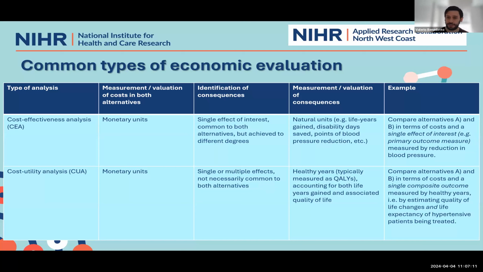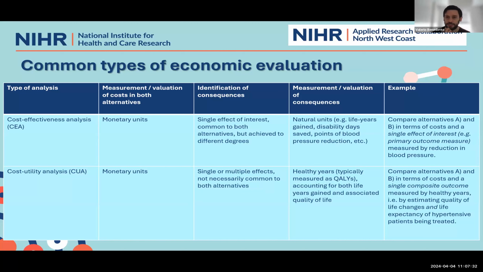But let's have a look at the example again. So again, two alternatives, A and B, which we compare in terms of cost, and a single composite outcome. Composite because it's healthy years, okay, quality and quantity together. We estimate the quality of life changes and the life expectancy of hypertensive patients being treated.